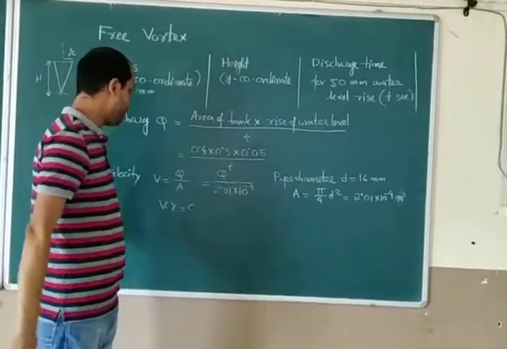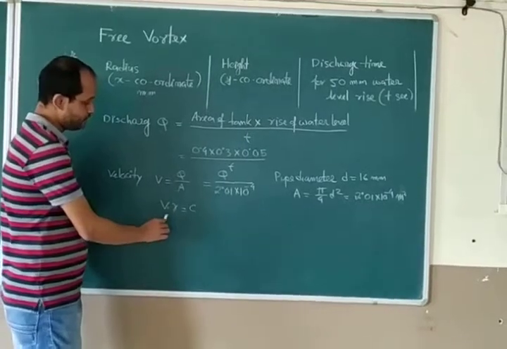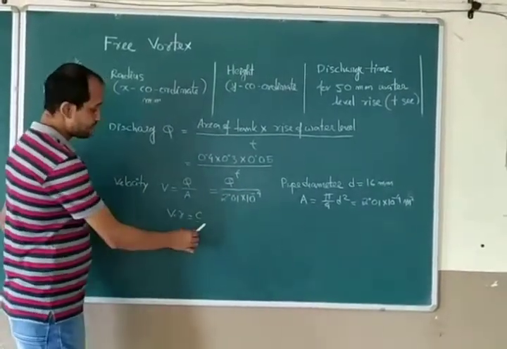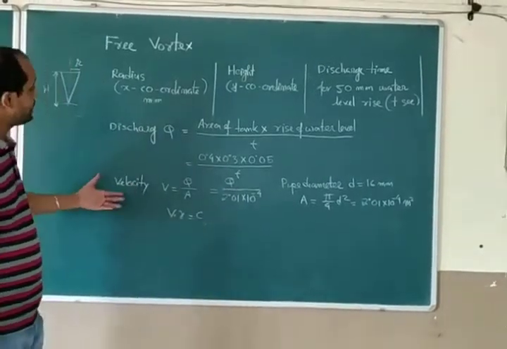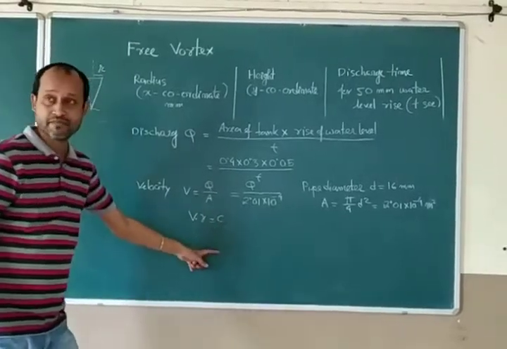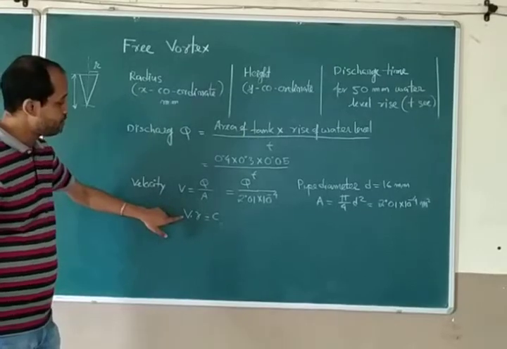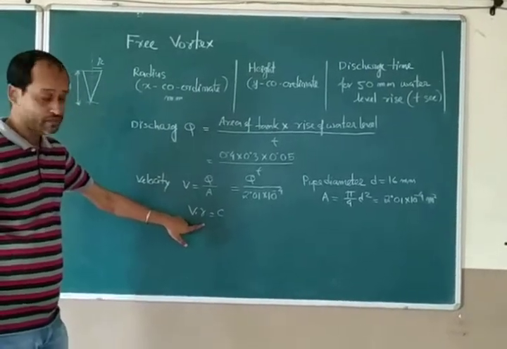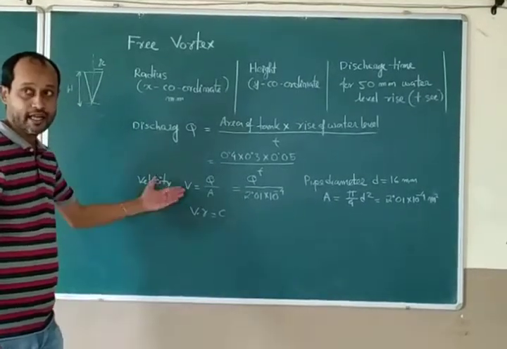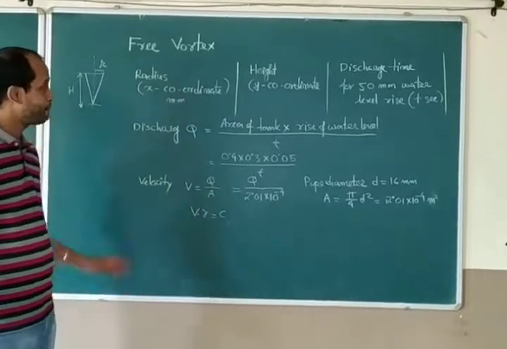From that you can easily find out the velocity, and velocity into the radius gives you the constant C. If you are taking 3 readings, you will get 3 values of C. For one reading you are getting one velocity and radius. Similarly for the second reading you are getting another value like that. We have to take the readings.